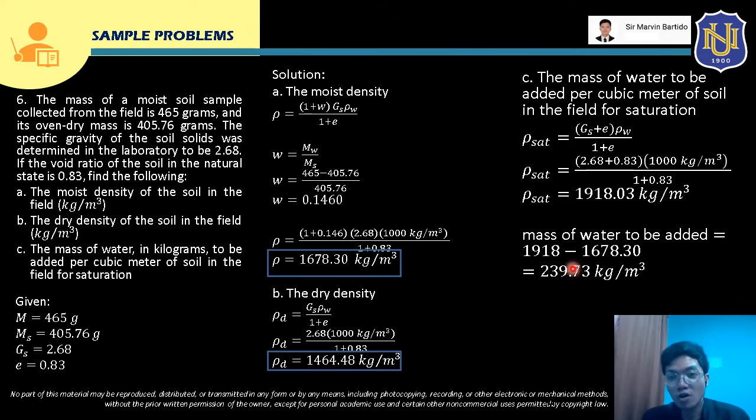This is the mass of water per cubic meter that we need to add to our soil sample for it to become saturated. So this is already the answer for this problem.